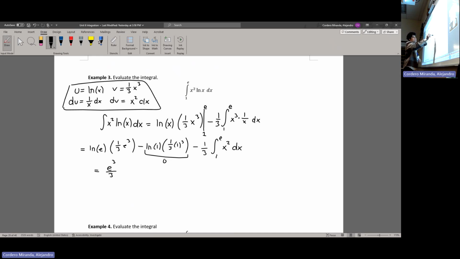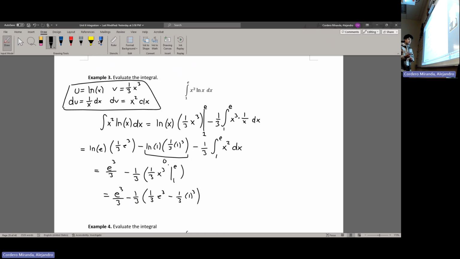And then the antiderivative of all this would be minus 1/3 times the antiderivative of x squared, which is another 1/3 x cubed, evaluated at e and at 1. So finally, e cubed over 3 minus 1/3 times 1/3 e cubed minus 1/3 1 cubed.